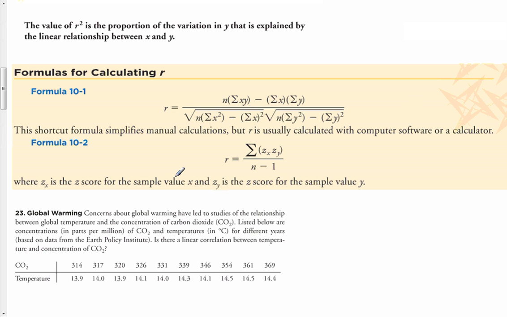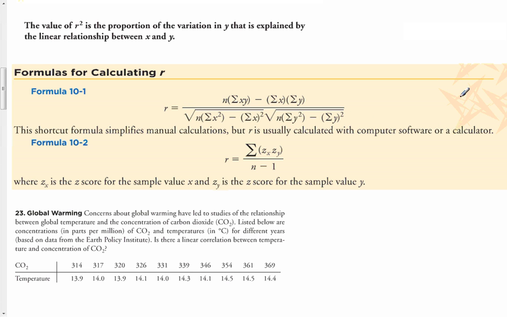Listed below are concentrations in parts per million of CO2 and temperature in degrees Celsius for different years based on data from the Earth Policy Institute. Is there a linear correlation between temperature and concentration of CO2? Well, let's see. Let's calculate the correlation coefficient here.